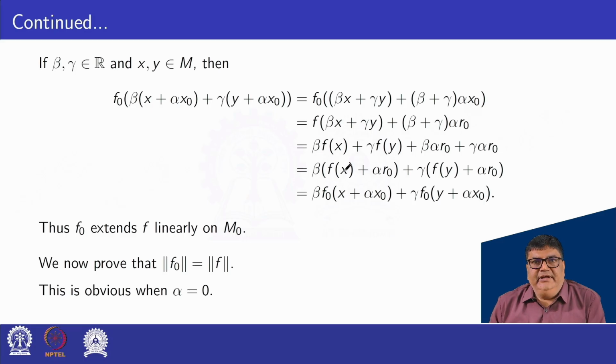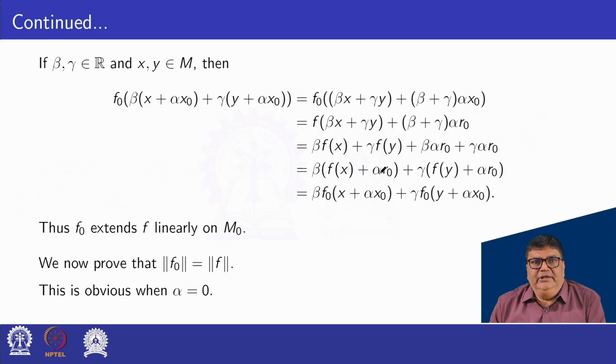Again, this can be written as beta into f(x + alpha r0) plus gamma f(y + alpha r0), okay, again x and y belonging to M, and here x + alpha r0.